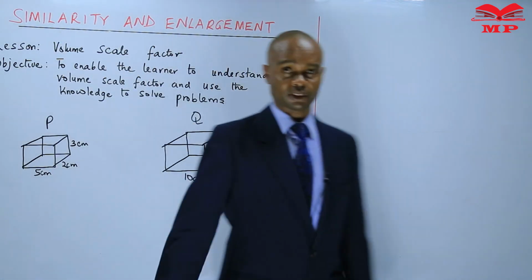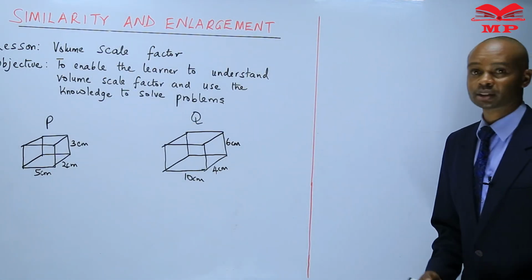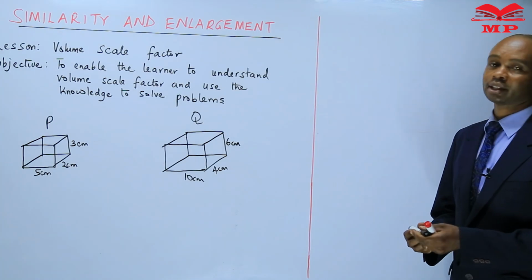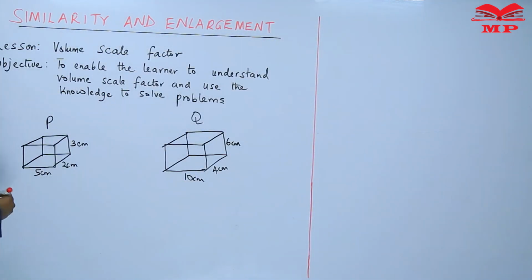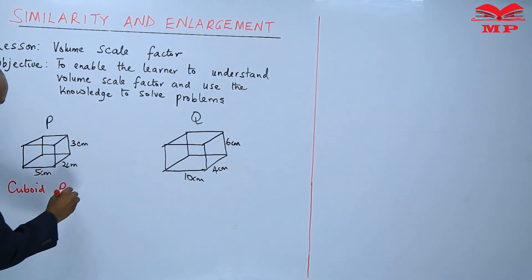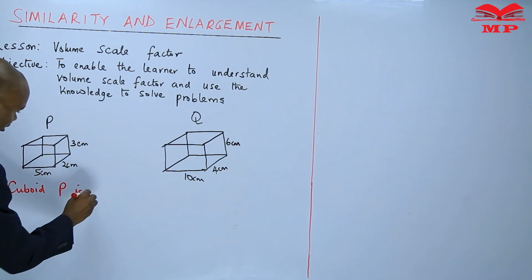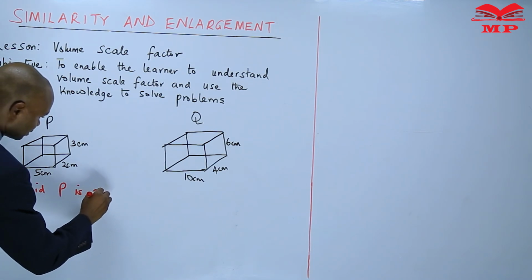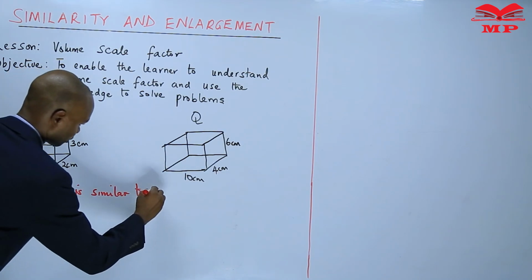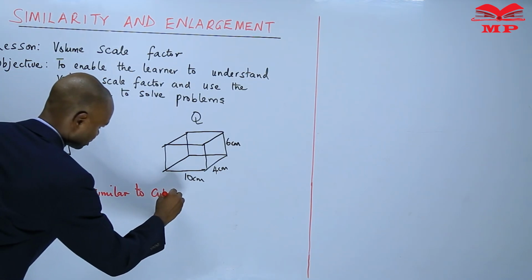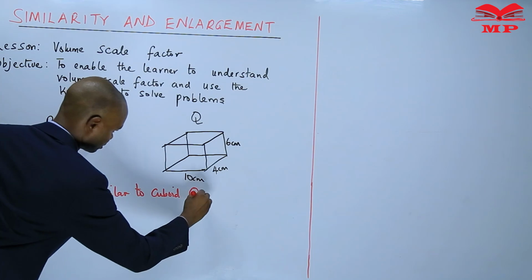Learner, on the board, there are two similar cuboids, P and Q. So you say cuboid P is similar to cuboid Q.